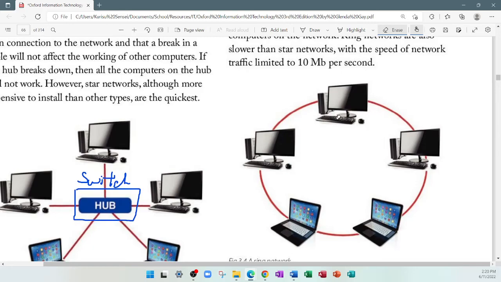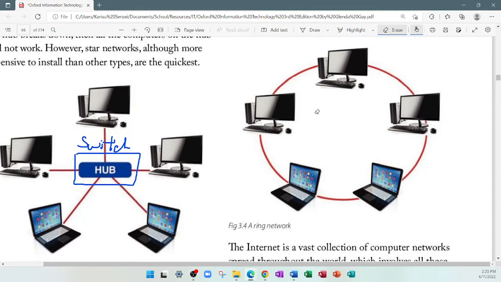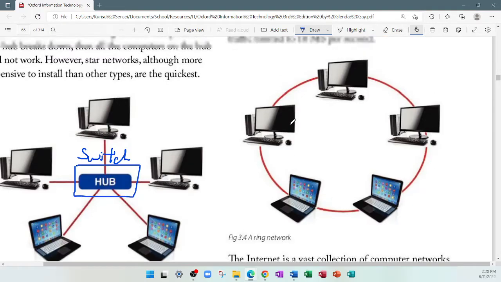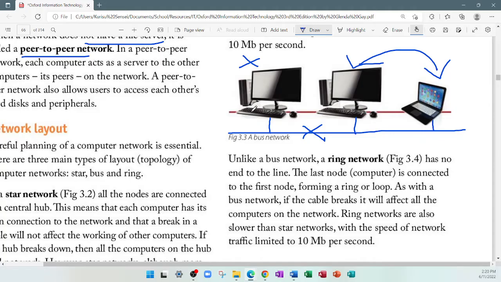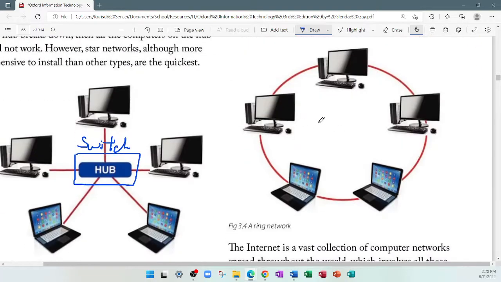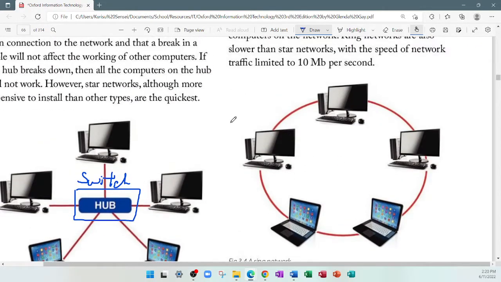Now the ring network, as you see in the image here, basically connects all the devices in a ring. So it's kind of like the bus, but now we're connecting the two ends of the cable. With the ring, it's important to note that the communication goes around in one direction.